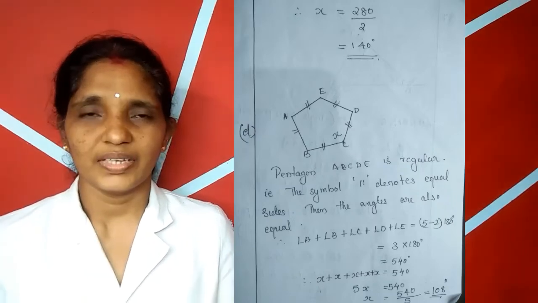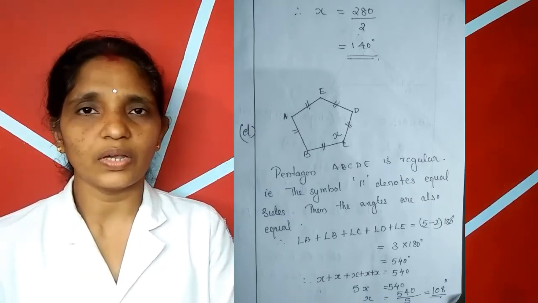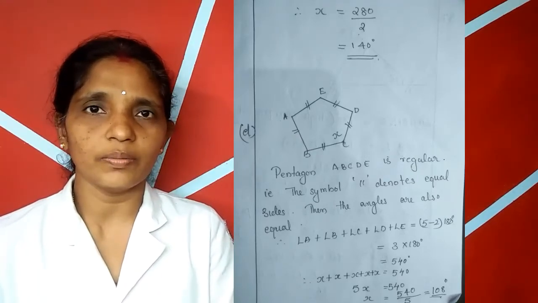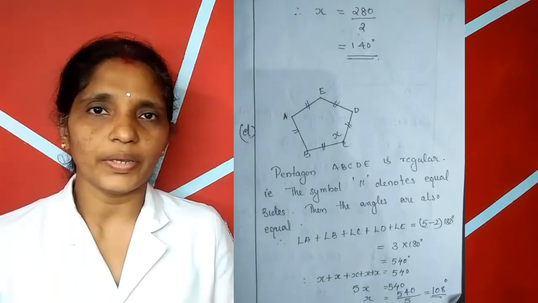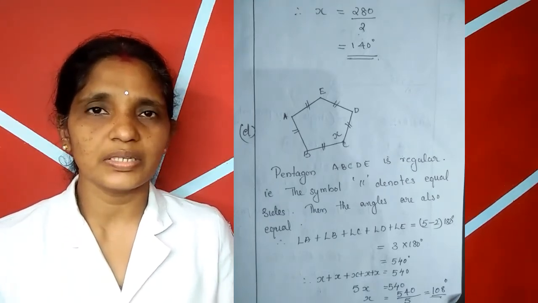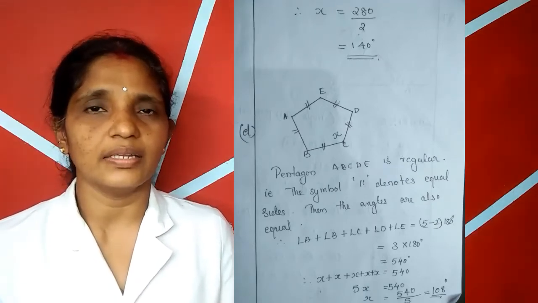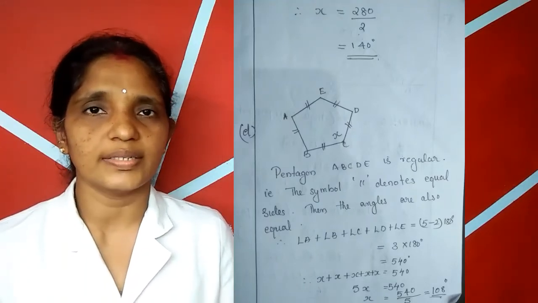540. Then question D. It is a regular pentagon. How will we identify that this is a regular pentagon? There are two dashes, the same symbols on all sides.